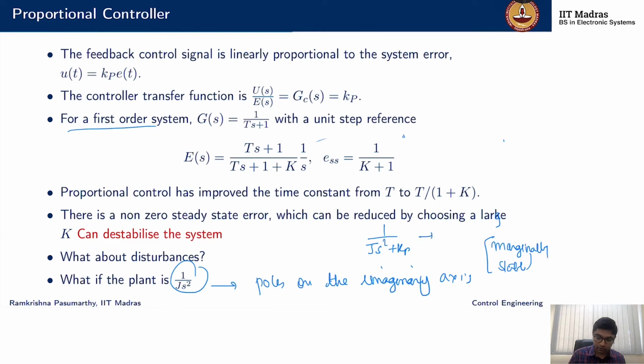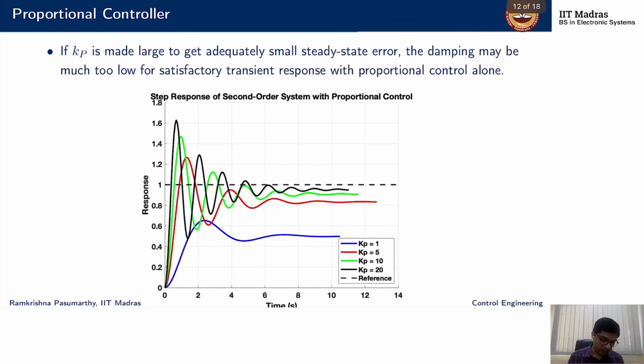So proportional control does not contribute to damping. A system which was oscillatory will still tend to remain oscillatory. Okay, so let us see with some plots what happens with different levels of Kp. If Kp is made large, so you see Kp equal to 1.